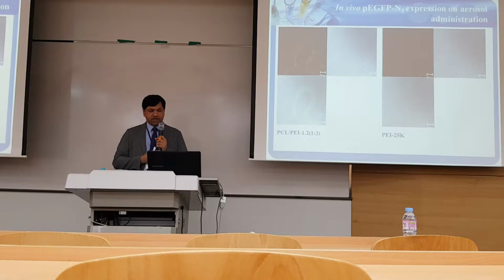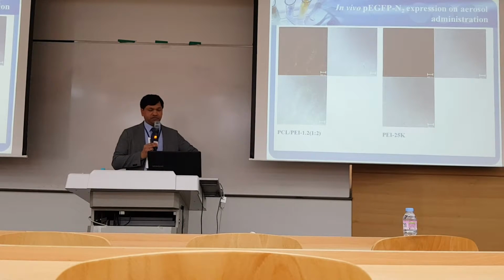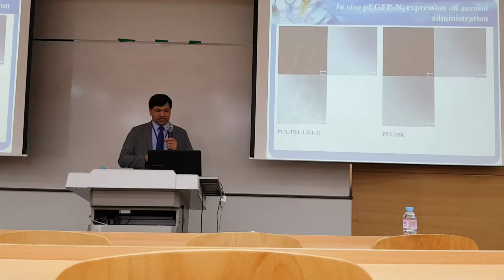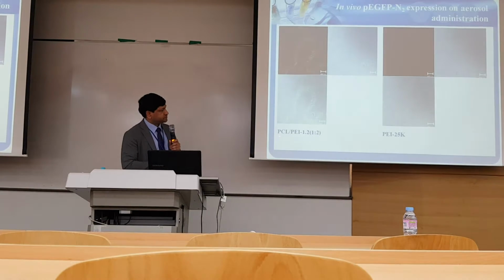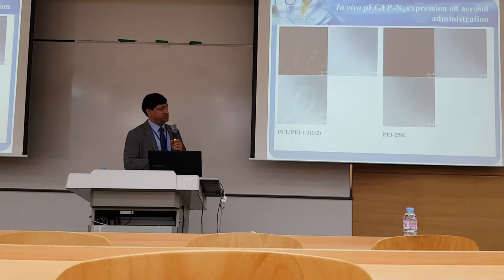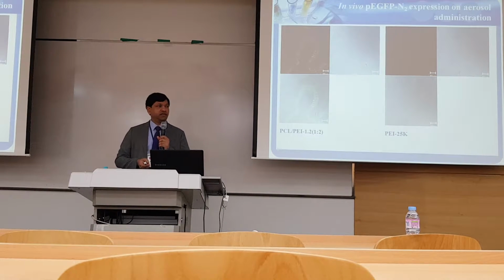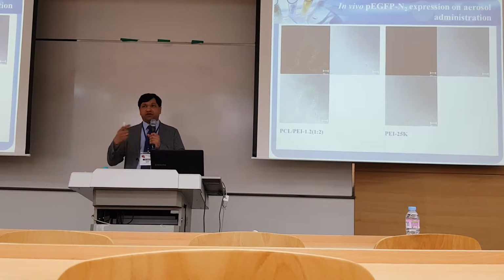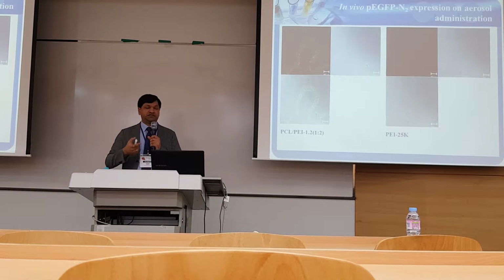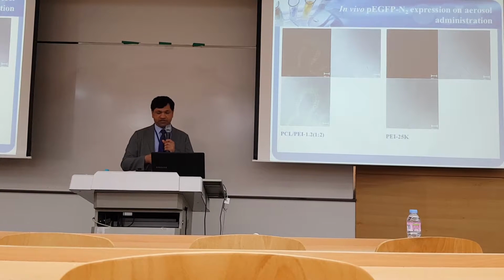After sacrifice, after 2 days of expression time, we can see the polymer PCL-PEI and PEI. We can see the green fluorescent protein expression higher in the case of the polymer, indicating that it is non-toxic and at the same time has a high transcription efficiency compared with the positive control PEI.